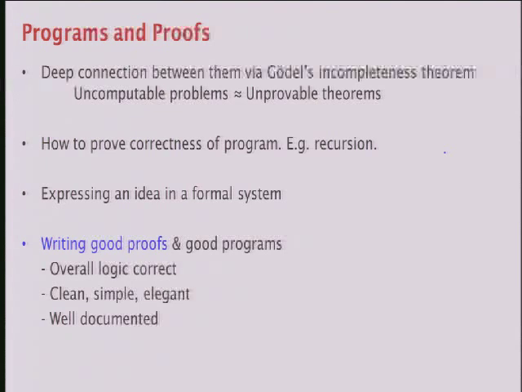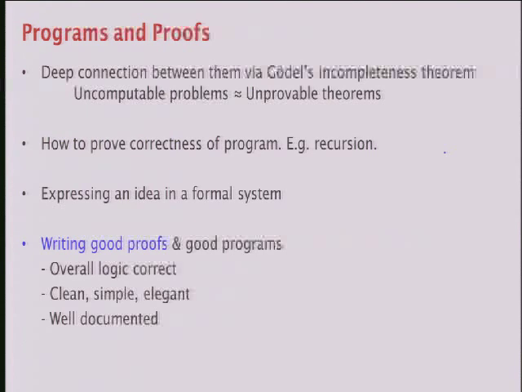Now, besides this very deep connection between programs and proofs, there's also a much more accessible, much more immediate connection, which is that in both programming and writing proofs, there's some idea you have in mind, and then there's the question, how do you translate it into this formal system?